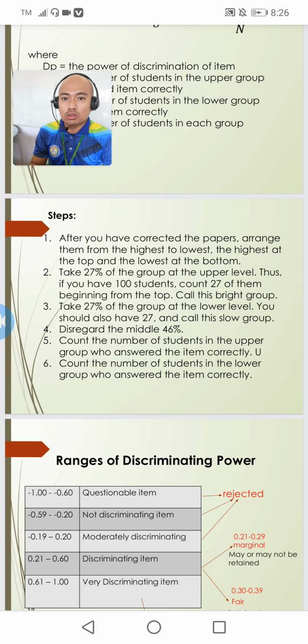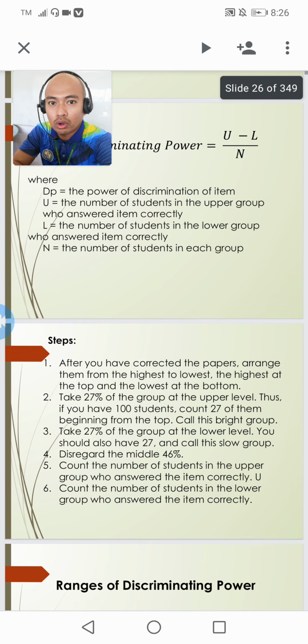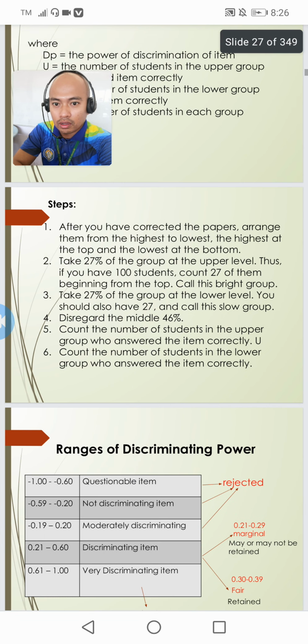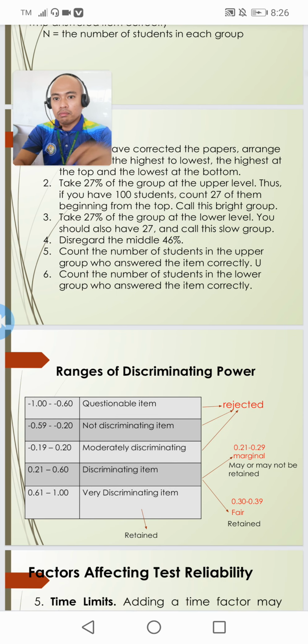Correctly. So sila na yung magiging values ni capital letter U, okay, itong capital letter U na to and yung capital letter L. I hope you got it. Number 6, count the number of students in the lower group who answered the item correctly, and that was given to you a while back.